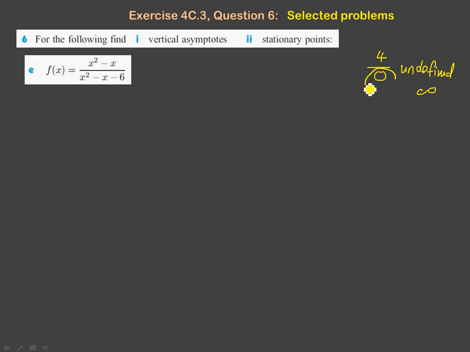So if the denominator is 0, that expression will be undefined, and this would cause a rational function like this to have vertical asymptotes. It could be 1, it could be 2, it doesn't matter, but in this case we just let the denominator be 0 and try to solve it.